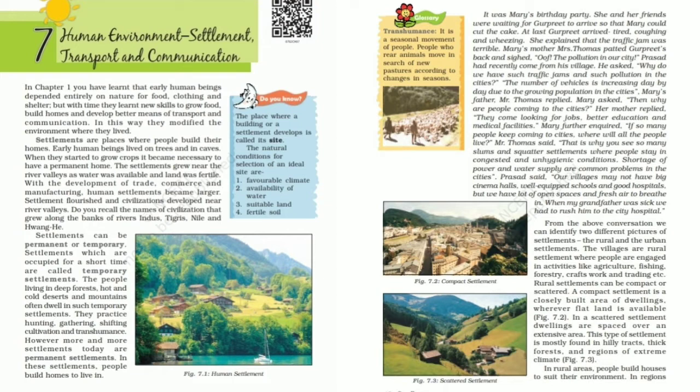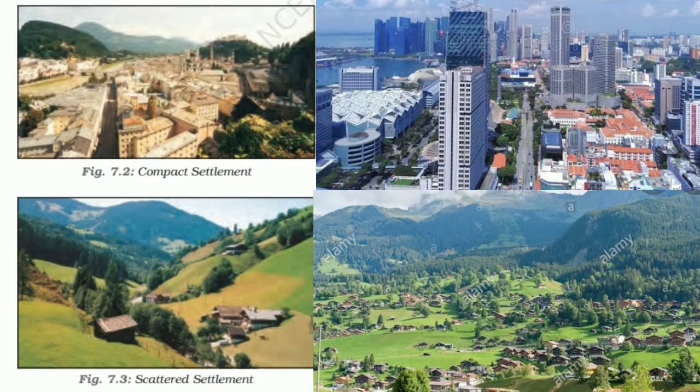Settlements can be classified into two types. They are rural and urban. Villages are rural settlements where people are engaged in activities like agriculture, fishing, forestry, craft work, and trading. Rural settlements can be compact or scattered. In compact settlements, houses are built close to each other with narrow streets.